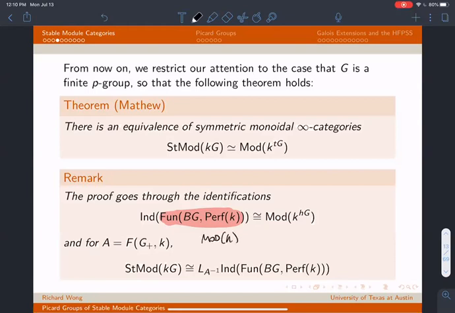So morally speaking, this is modules over k with a G action. And if you complete this, this turns out to be equivalent to modules over the G homotopy fixed points of k with a trivial action.